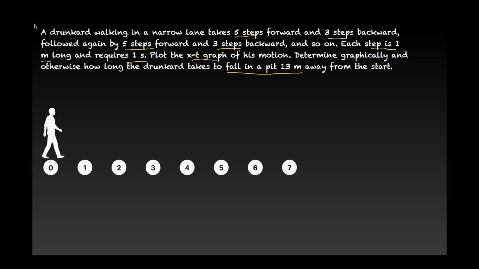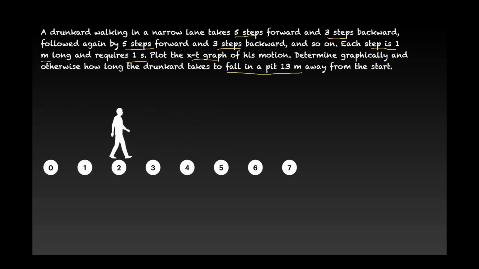Is this clear? First, let us visualize what is going on with the help of this small animation. See this animation. First he moves 5 steps forward. Next he goes 3 steps backward.